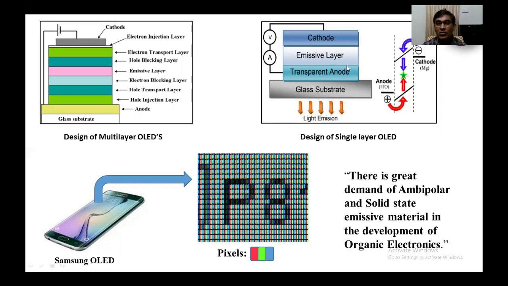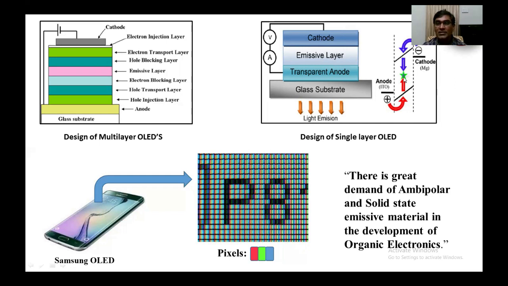When we apply the potential, the holes are injected into the HOMO of the emissive layer, and the electrons are injected by the cathode into the LUMO of this emissive layer. Both holes and electrons transfer within this emissive layer, meet somewhere, form the exciton, and this decays with emission of characteristic light, blue, green, red, yellow.